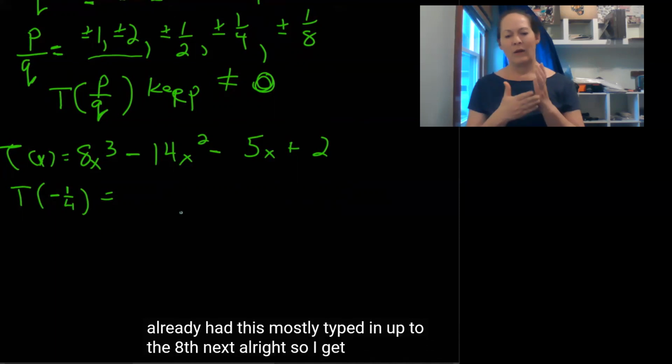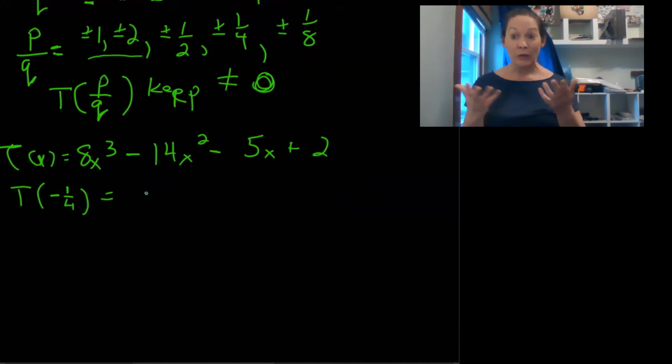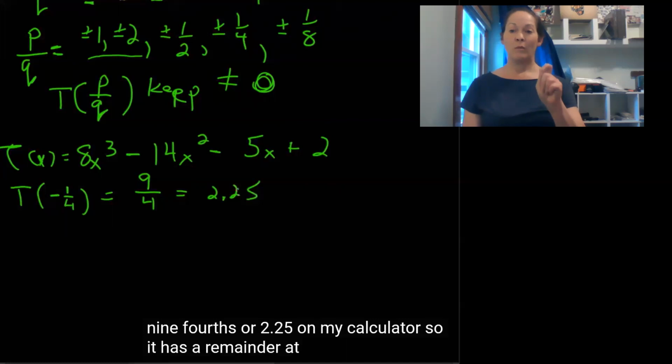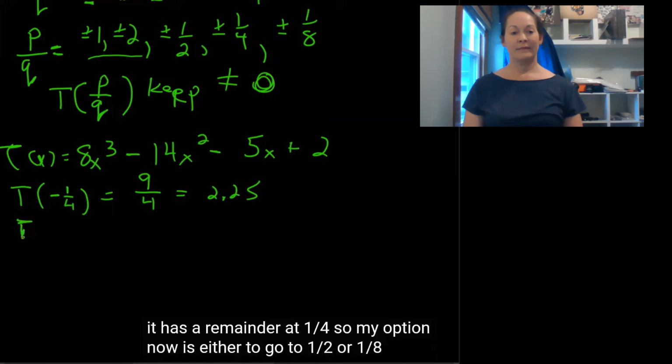Alright, so I get 9/4, or 2.25 on my calculator. So it has a remainder at 1/4. So my option now is either to go to a 1/2 or a 1/8.